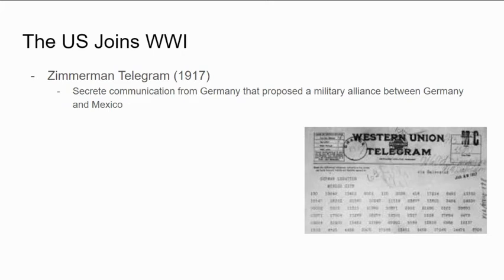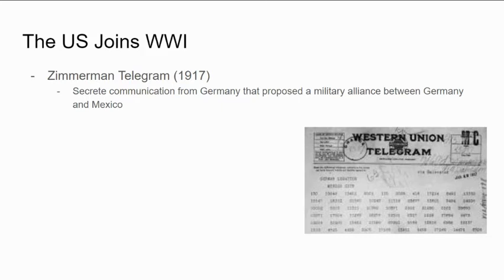This is a secret communication from the German Foreign Affairs Office to the government of Mexico. It is proposing that there should be a secret military alliance between Germany and Mexico. If this happens, then Germany will have an ally over in the Western Hemisphere.